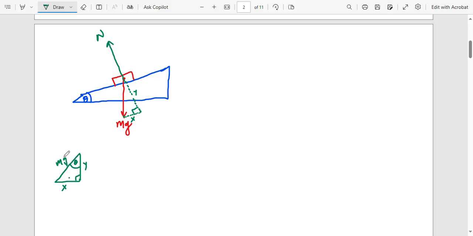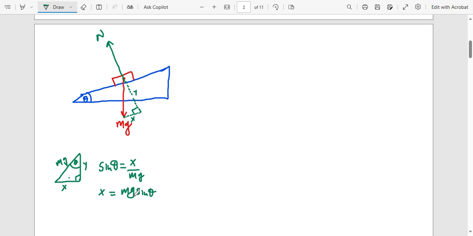From this, we now want to do some mathematics. If we say sine theta, sine is given by opposite over hypotenuse. The opposite to theta is x. The hypotenuse is mg. This tells you that x is going to be equal to mg sine theta.